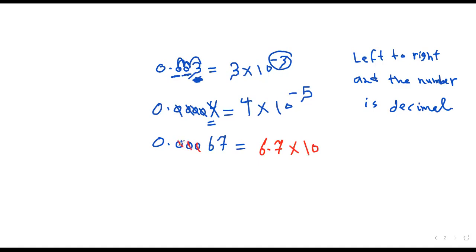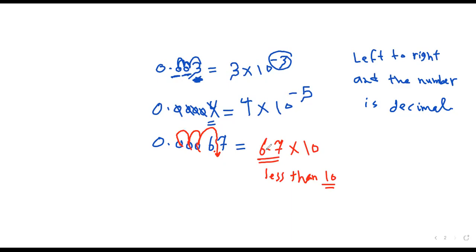See, you count with me. 1, 2, 3, 4, 5. And I stop here. Because if you go there, it will be 76. And I need to make it 6.7, less than 10.